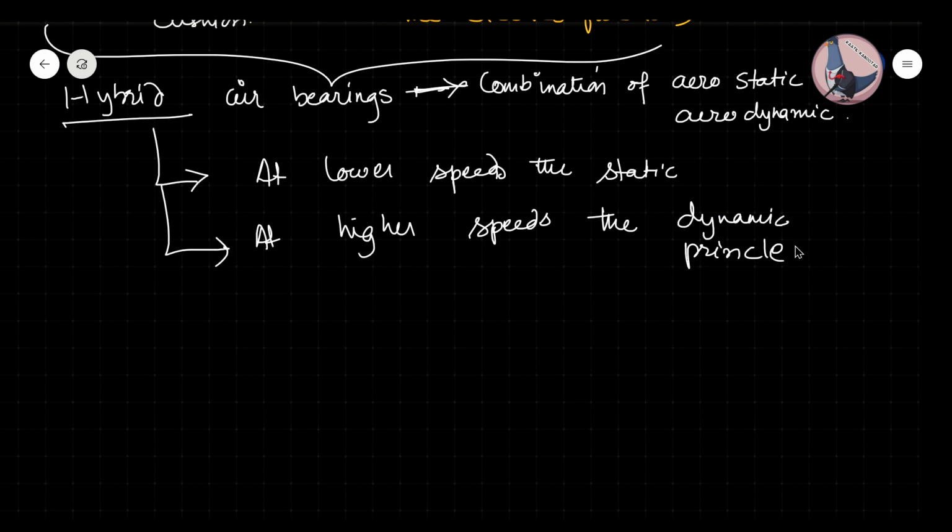That principle is generally used, the dynamic principle.